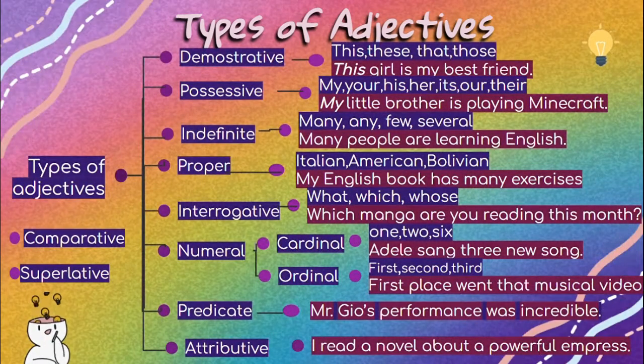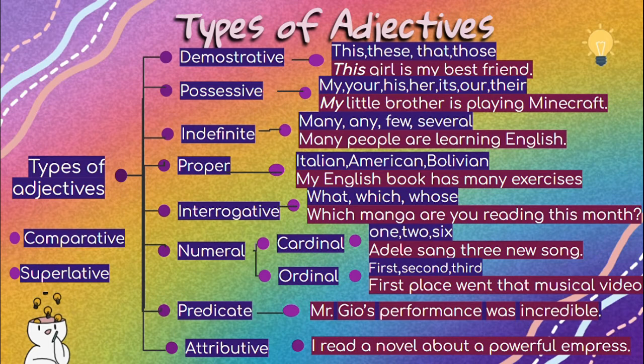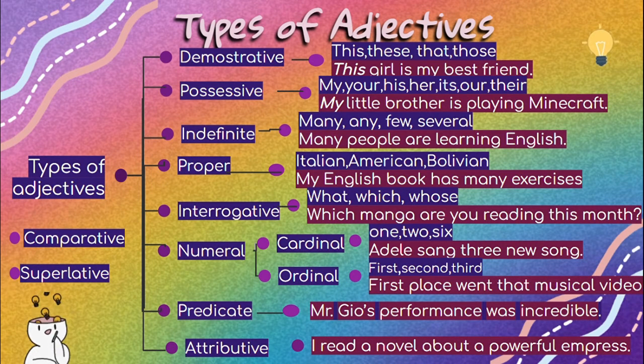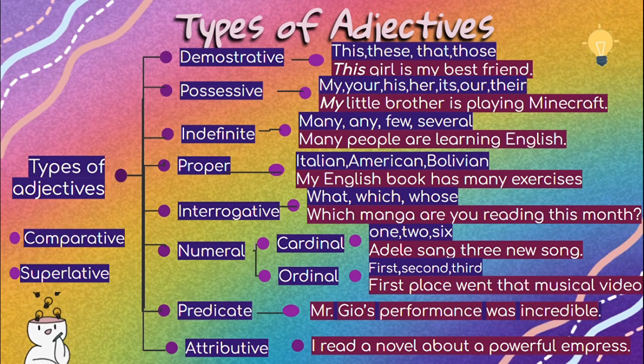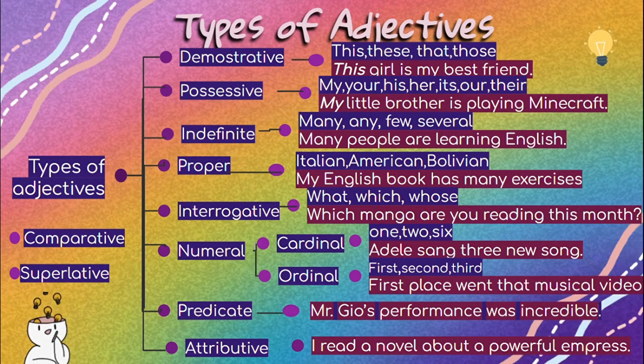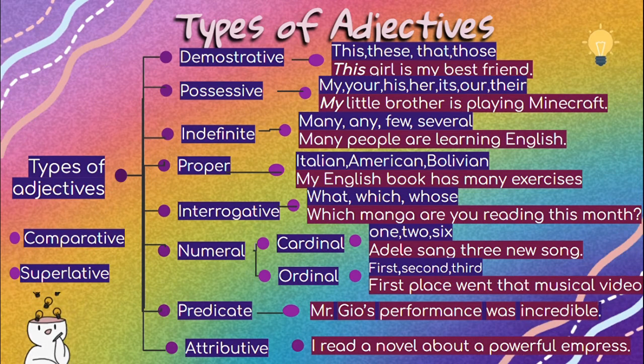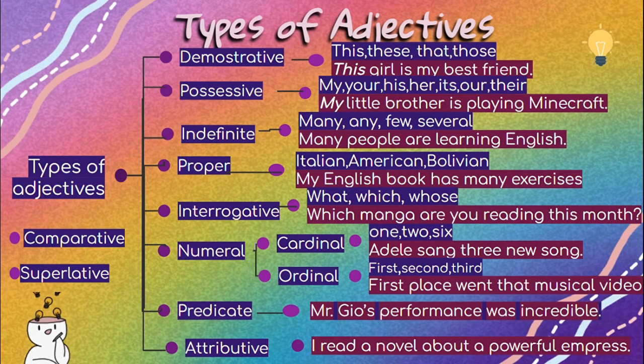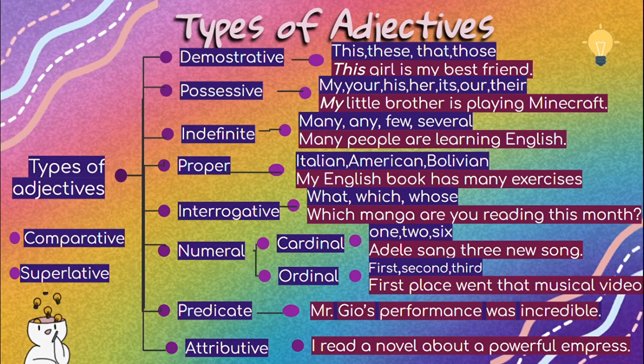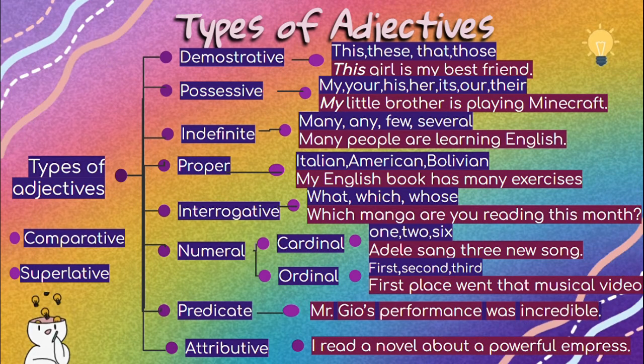In English, we have different types of adjectives. We have demonstrative, possessive, indefinite, proper, interrogative, numeral, predicate, and attributive adjectives. Demonstrative adjectives are used to express relative positions in space and time. For example, this girl is my best friend.